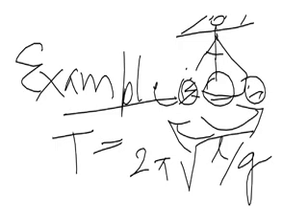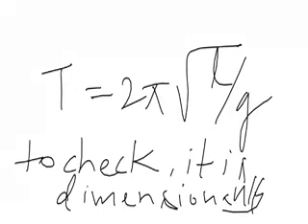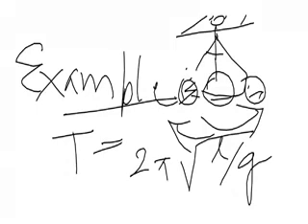Full stop. But a dimensionally correct equation may or may not be physically correct. So we have one example regarding it.